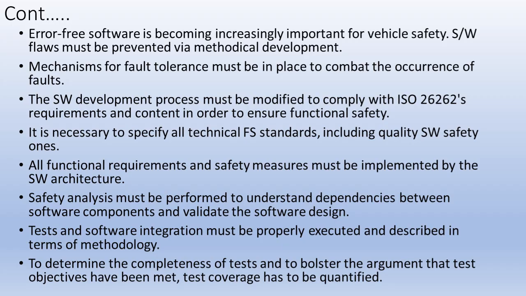It is also necessary to specify all the functional safety technical standards, including quality software safety ones. So the software quality must fulfill MISRA compliance, and all the functional requirements and safety measures must be implemented by the software architecture.